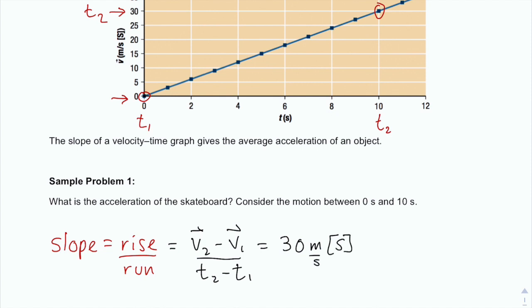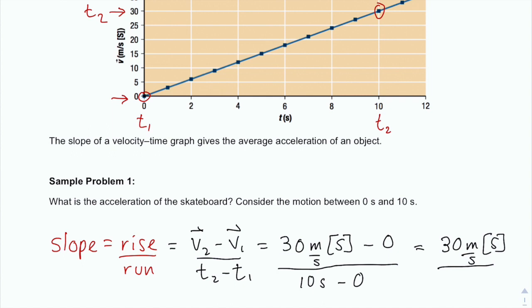Be sure to include units and direction. And v1 is 0. Divided by t2, 10 seconds, minus 0. If we simplify this, we are left with 30 meters per second south divided by 10 seconds.